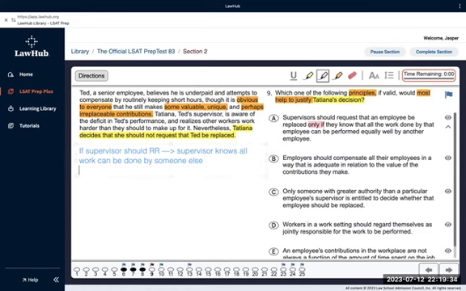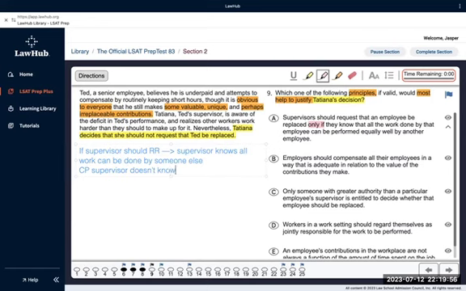But what we would be looking at here with this conditional is a contrapositive, where if the supervisor doesn't know that all the work can be done by someone else, so we're negating the necessary condition here, right?